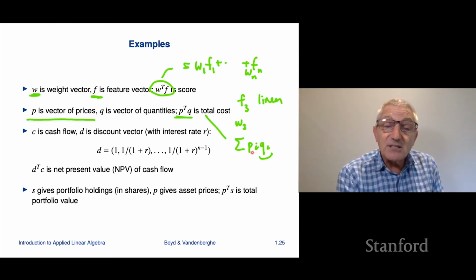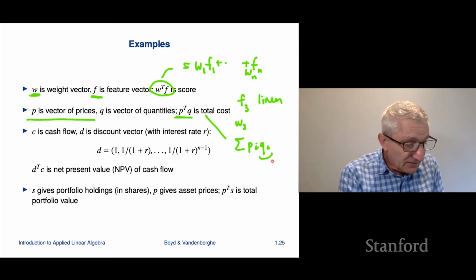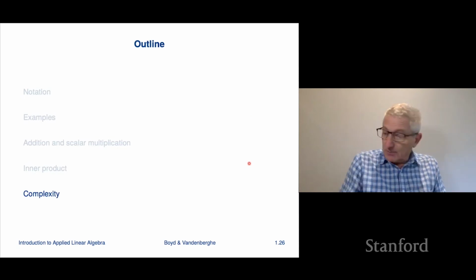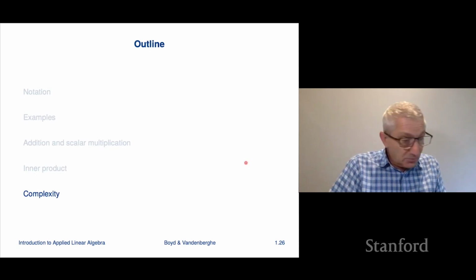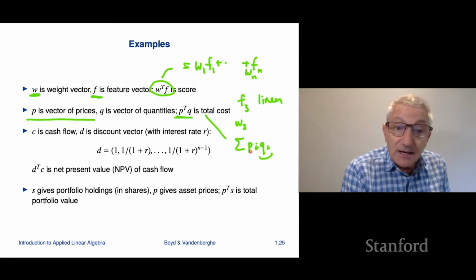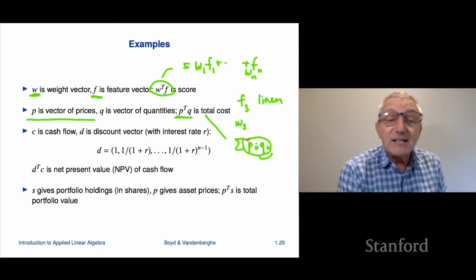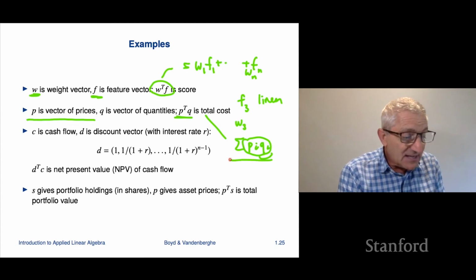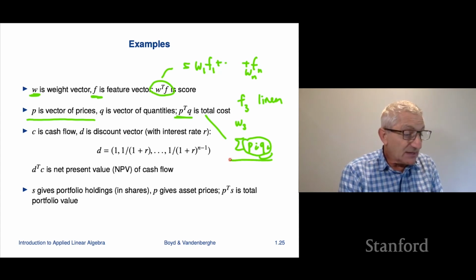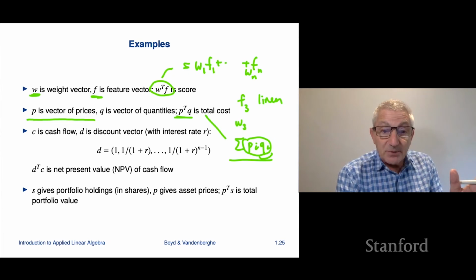PI is the price in dollars per unit. And so the product of these two tells you how much you're going to pay for commodity I. You add it up over all commodities and that's your total cost, right? So the inner product between a price vector and a quantity vector gives you a total cost.